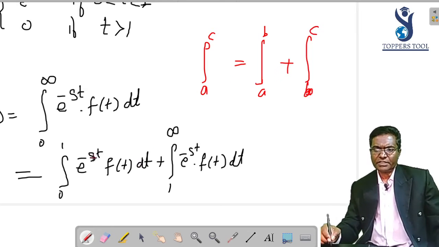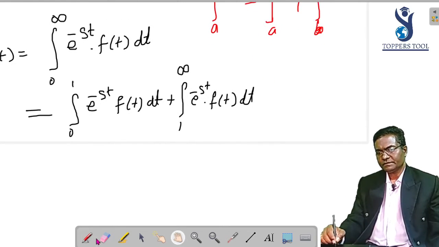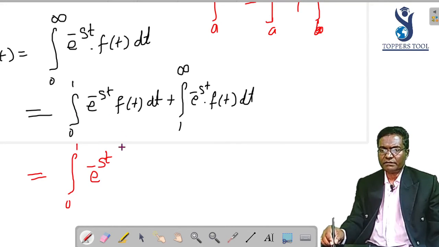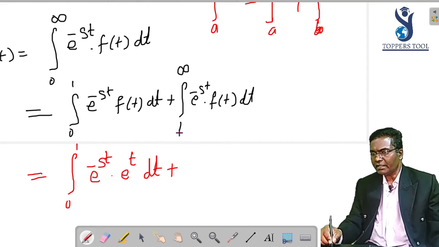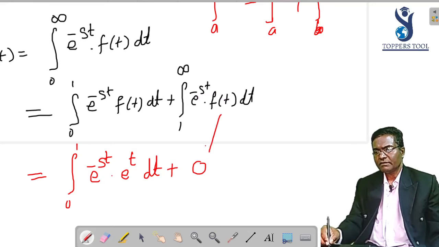The same property is used. 0 to infinity can be written as 0 to 1 plus 1 to infinity. So the respective function you have to substitute. When t is between 0 and 1, f of t is given to be e power t. And when t is greater than 1, that is, when t is in the interval 1 to infinity, f of t is 0. So I can straightaway write the second term as 0.